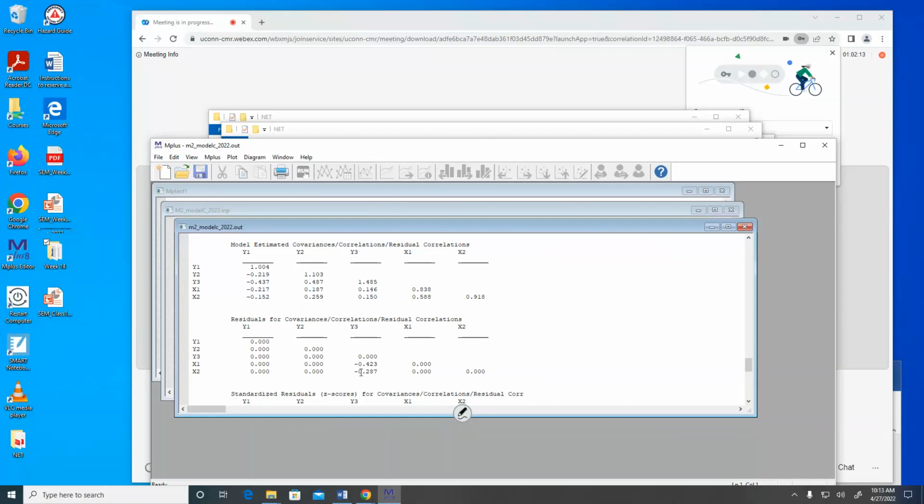Look at the no path from X1 to Y3 for model C. We did have a linkage there from X1 to Y3. So in model A, we had a path there that we eliminated, right? And then in model A, we had no path from X2 to Y1, right?